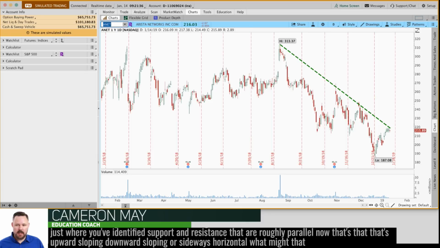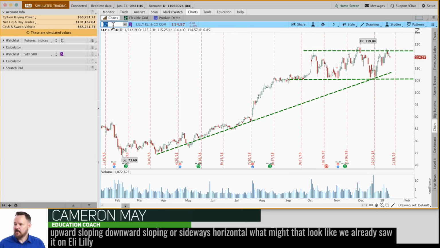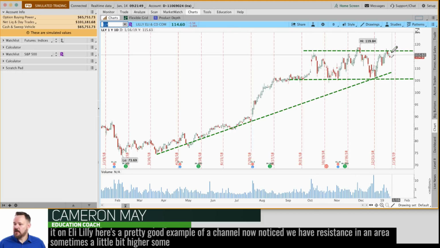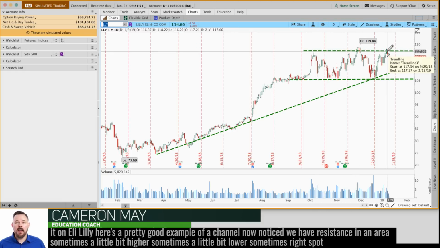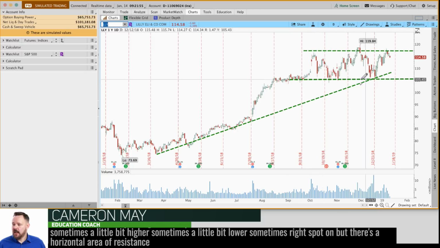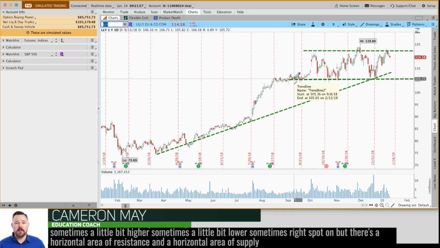What might that look like? Well, we already saw it on Eli Lilly. Here's a pretty good example of a channel. Now notice we have resistance in an area, sometimes a little bit higher, sometimes a little bit lower, sometimes right spot on. But there's a horizontal area of resistance and a horizontal area of support.